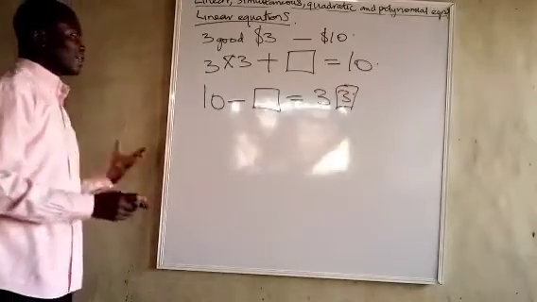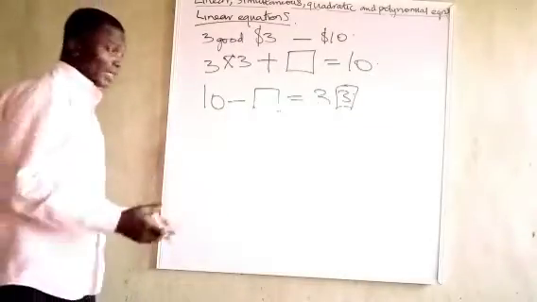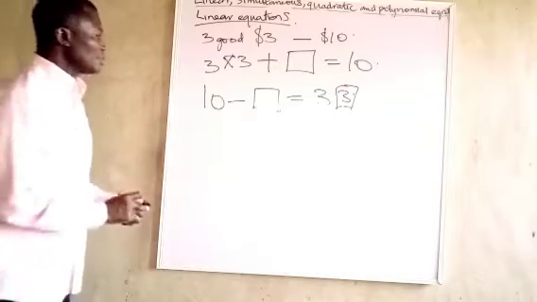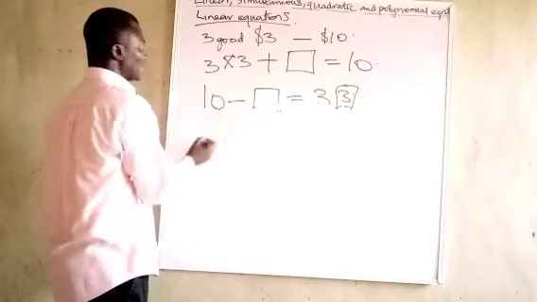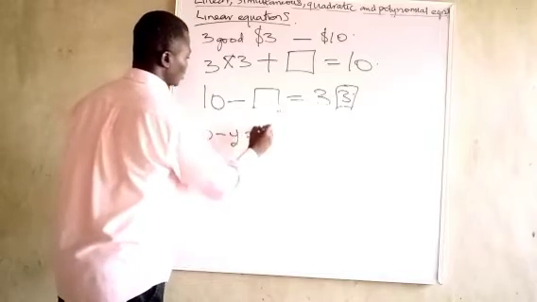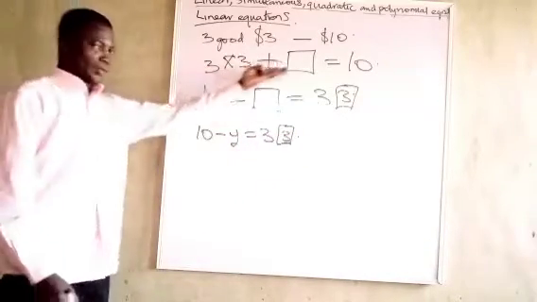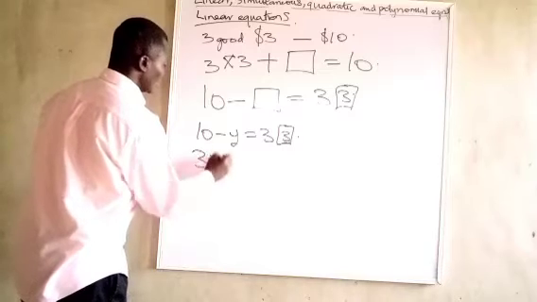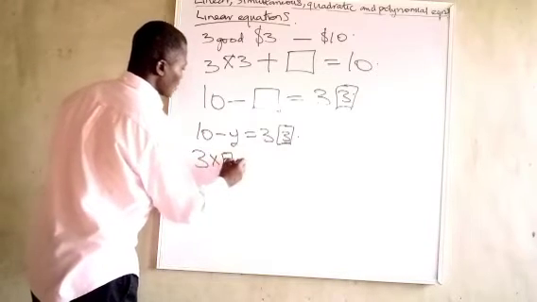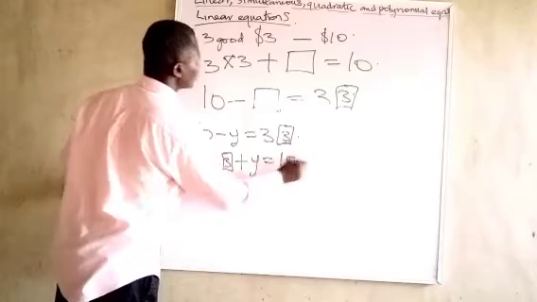But when you are having a linear equation, most times we don't use a box any longer, so we use letters. Now we can say 10 minus y is equal to 3 times 3, or 3 times 3 plus y is equal to 10.